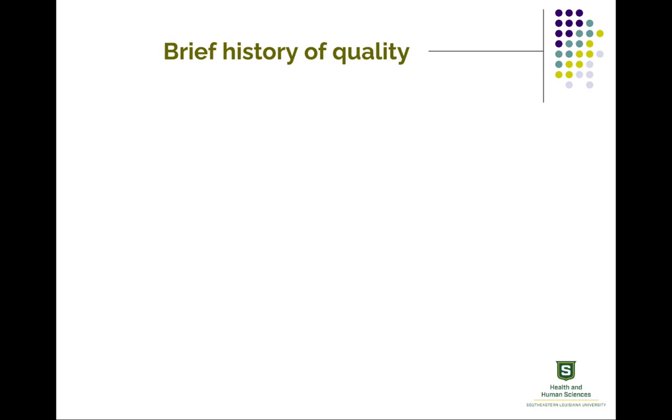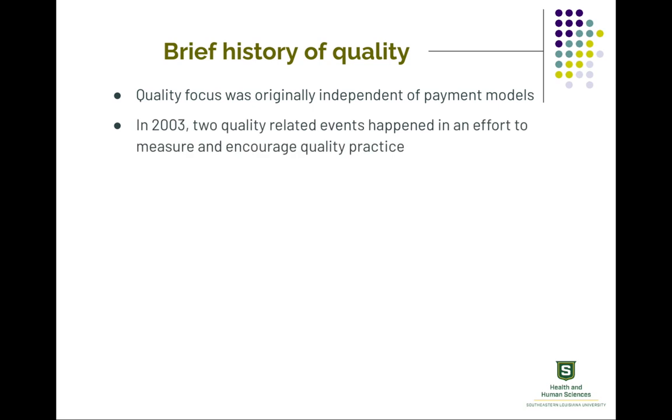So, in the US, quality has not always been associated with payment. There have been more or less two parallel lines that have not been intersecting. People were either looking at quality, or they were looking at payment. It wasn't something that was looked at together. But this was before 2003.